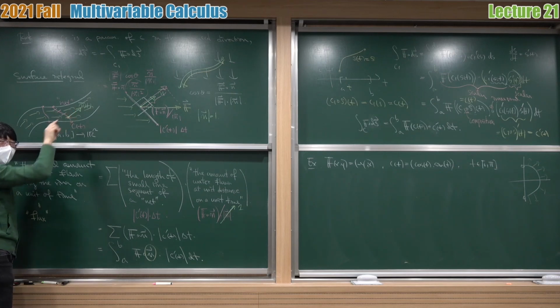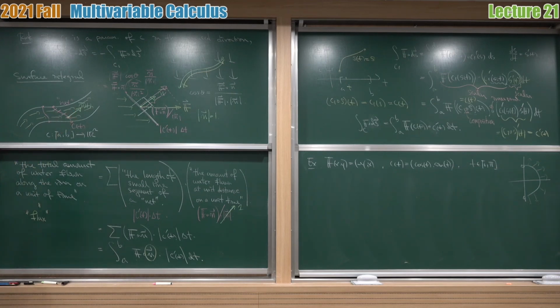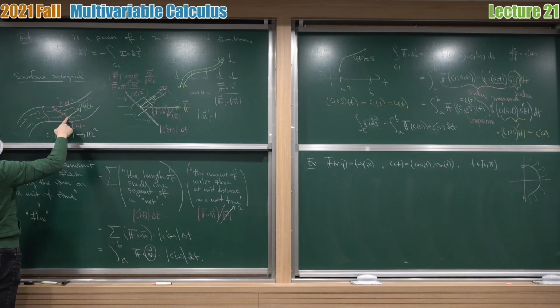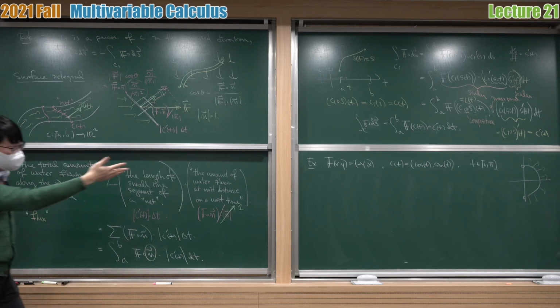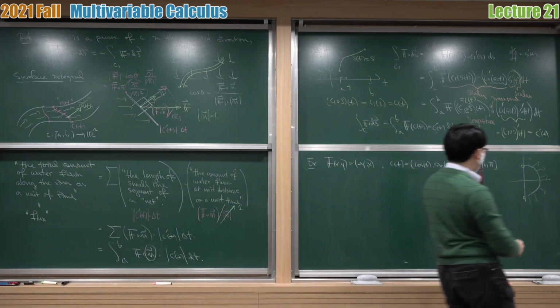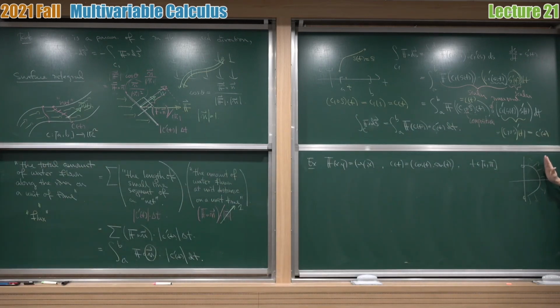That direction is arbitrary. I could have used the opposite direction. So whenever you try to find the flux, you have to mention in what direction you're trying to get the flux. In this picture, I'm trying to get the flux to the right-hand direction, the eastward direction.